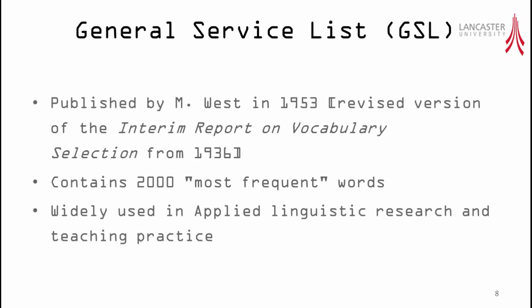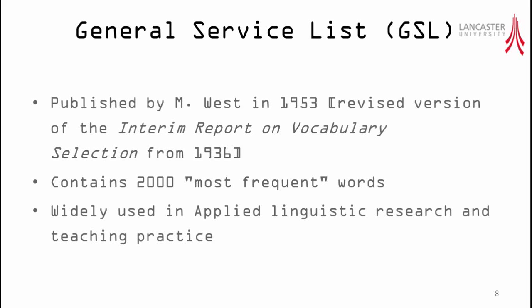Okay, the General Service List. Let me tell you more about this. There are two versions. The old General Service List, published and created by Michael West in 1953, and the new General Service List that was published only recently in Applied Linguistics.